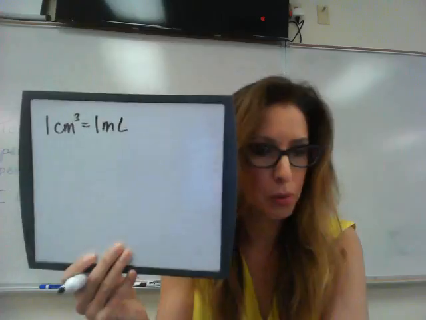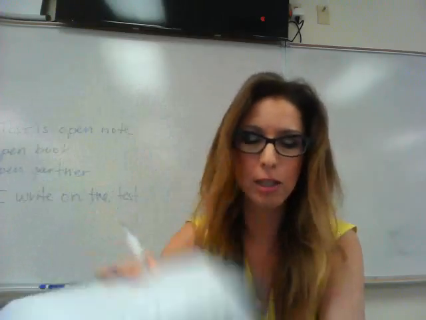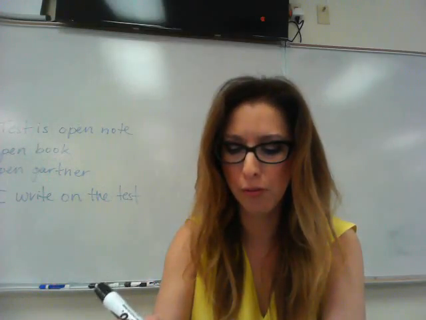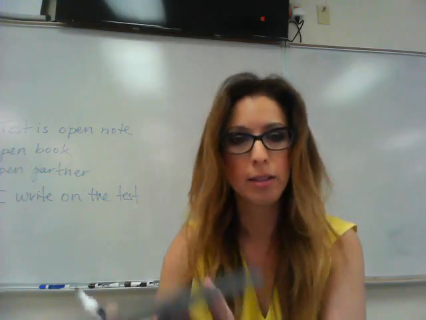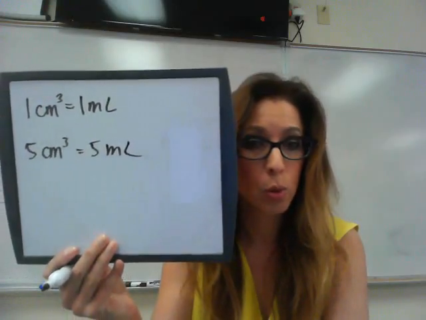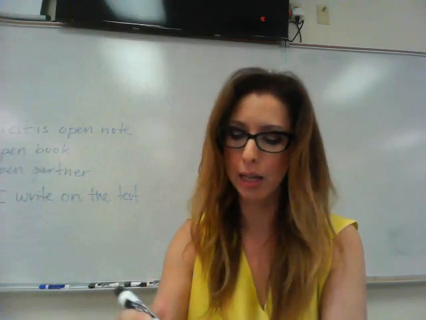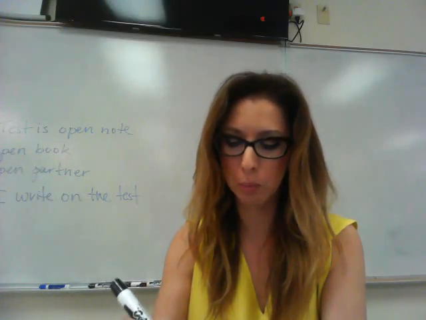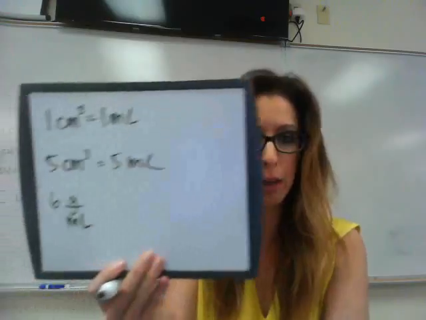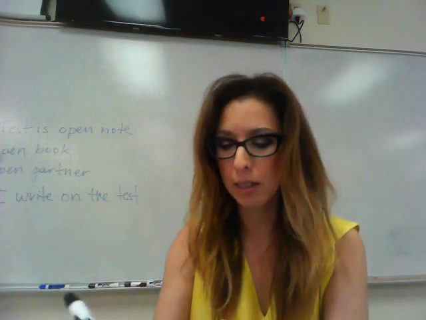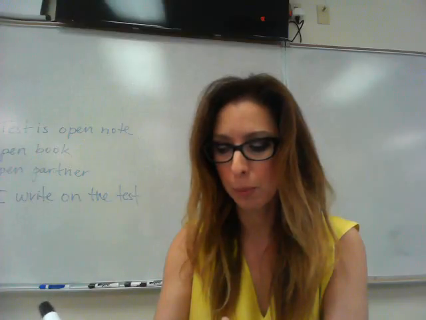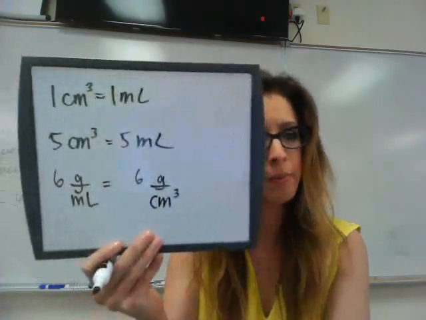So if I told you you have 5 centimeters cubed of something, that's the same thing as 5 milliliters. Or if I give you 6 grams per milliliter, that would be the same thing as 6 grams per centimeter cubed.